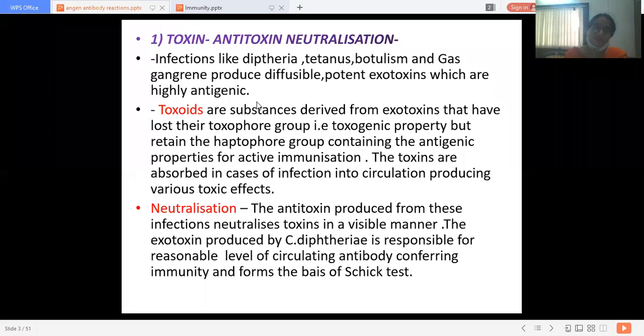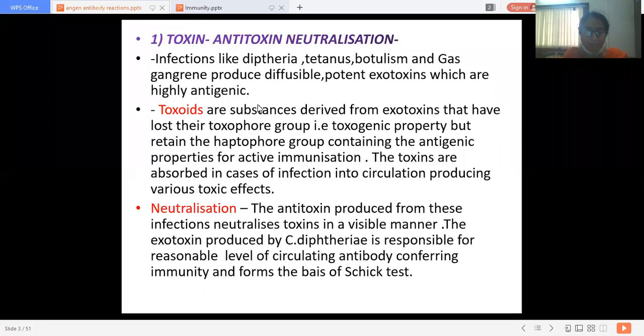We discussed neutralization and opsonization yesterday while discussing the IgG antibodies. These are the activities of IgG antibodies: neutralization and opsonization. In the neutralization reaction, the antigen gets blocked by the blocking antibodies.